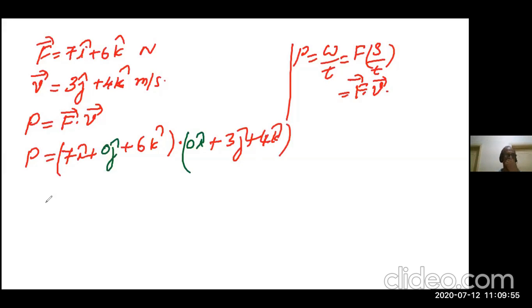So 7 into 0, plus 0 into 3, plus 6 into 4, which is 24, and k into k is 1. So 24 watts.